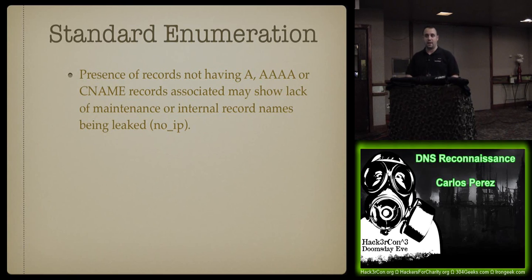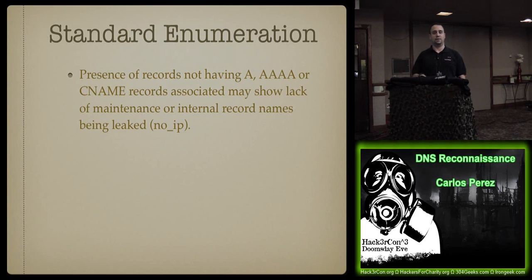Also, for those stale records, or many times when they're not using split DNS and they're using one single DNS infrastructure, if I'm not able to get an A or quad A record for a host, it will provide you an entry that says no_IP. Many times we'll start finding leaked internal DNS names exposed to the outside world.